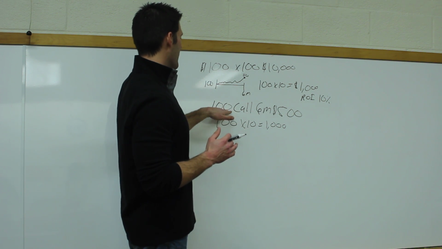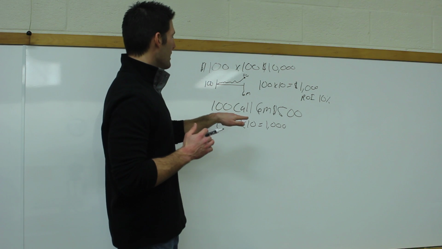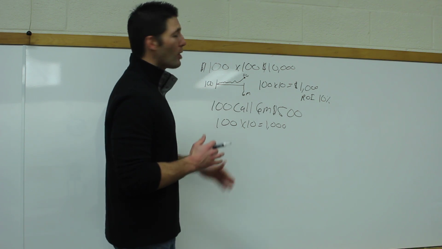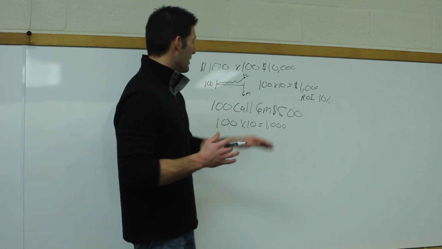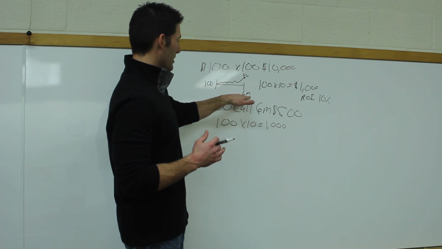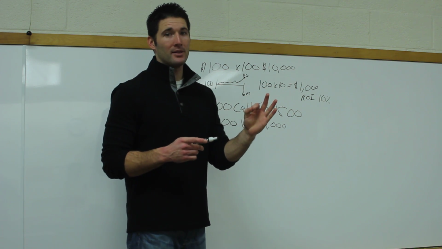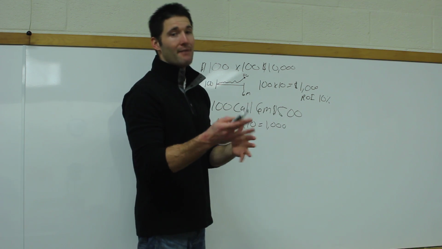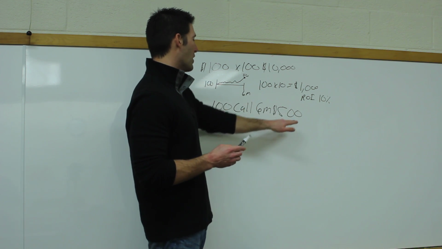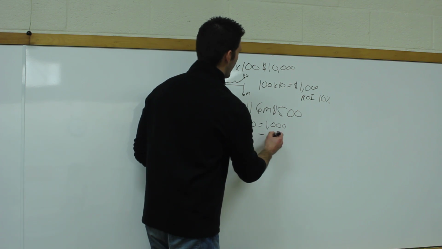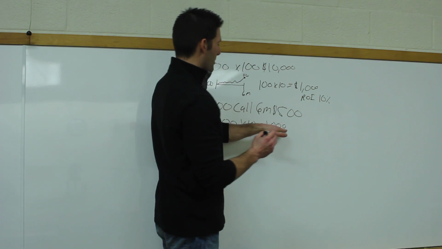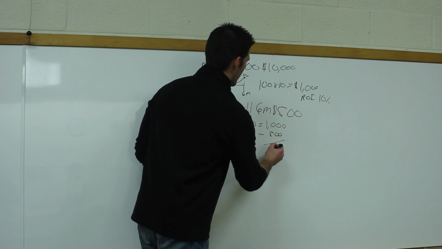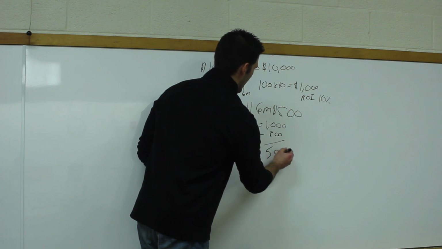Because we bought the $100 call, that was at the money, the option that we bought was made up of all time value. We had 6 months of time. 6 months have passed. Now there's no more time on this option, so it's worthless. The $500, or the time value, is worthless. The $500 is gone. So we're going to have to subtract $500 from our $1,000 profit. So we're going to make $500.